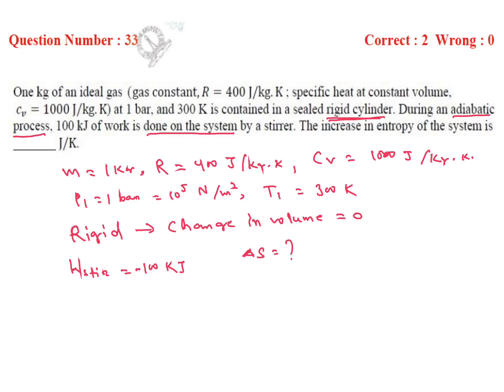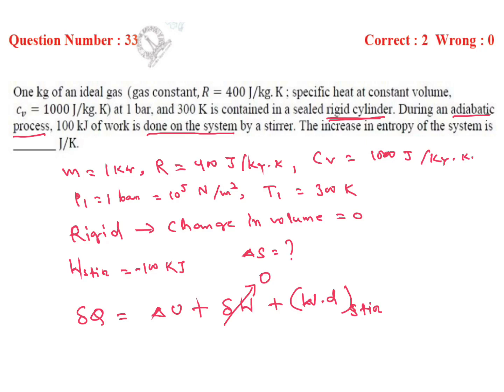So del Q equal to change in internal energy plus PdV work plus work done by stirring. Here dV is 0 because it's rigid, so PdV work is 0.